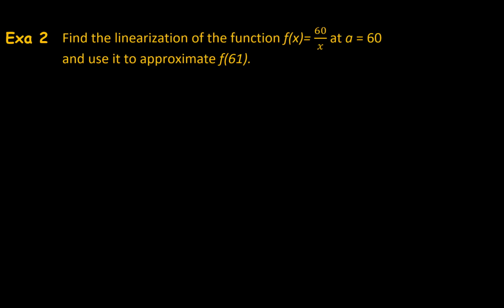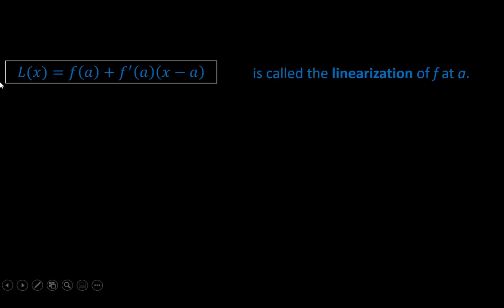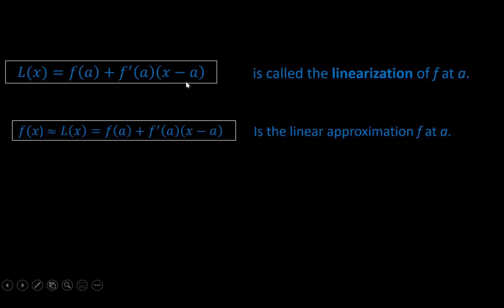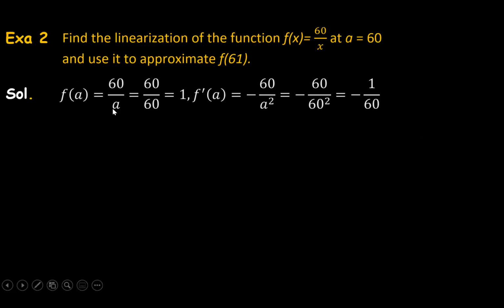Well, we just use the definition of linearization. Remember, it is f(a) plus f prime(a) times (x minus a), and a is 60. So you compute f(a), 60 over 60, that is equal to 1. For f prime(a), you compute the derivative.